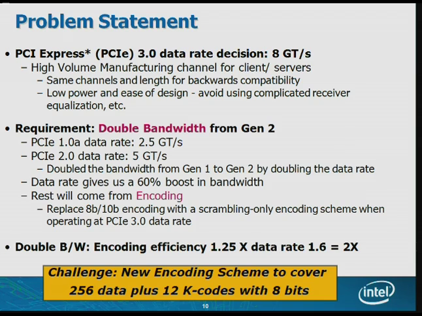So again, going back to the encoding, the problem statement was: how do we get twice as much bandwidth while not doubling the operational frequency? For the reasons that I've already mentioned.